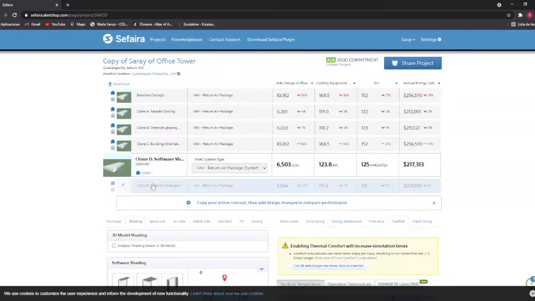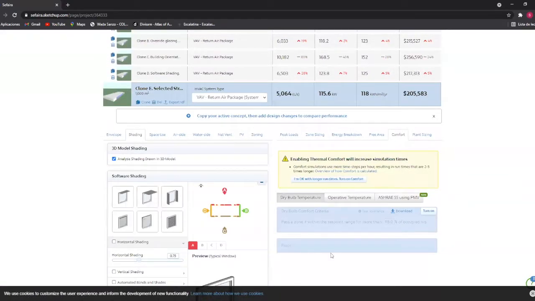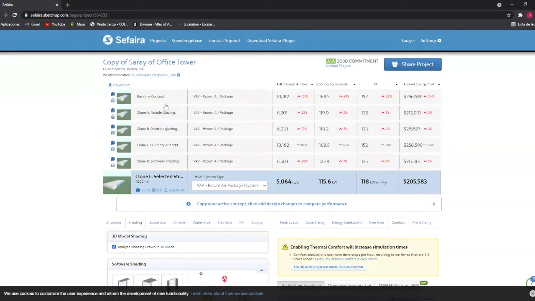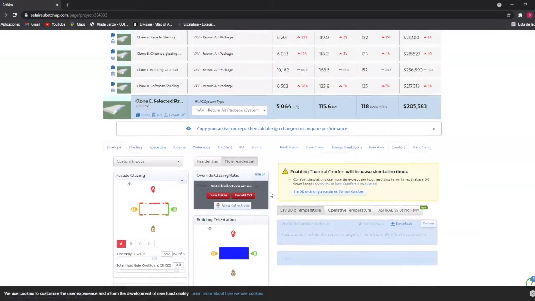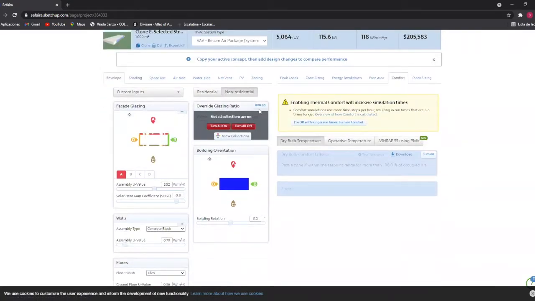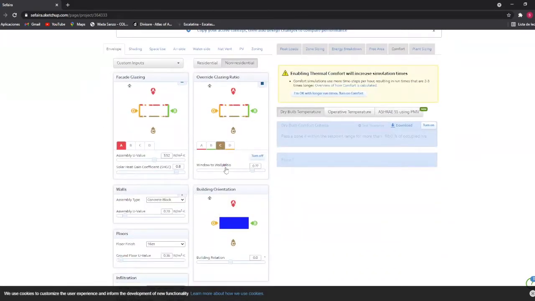And finally, in the clone E, we change everything to these specifications that we already have. Here we have in the facade C the 0.75, and here we already have in the override glazing, we just changed this one, the 0.77 facade, the window to wall ratio.